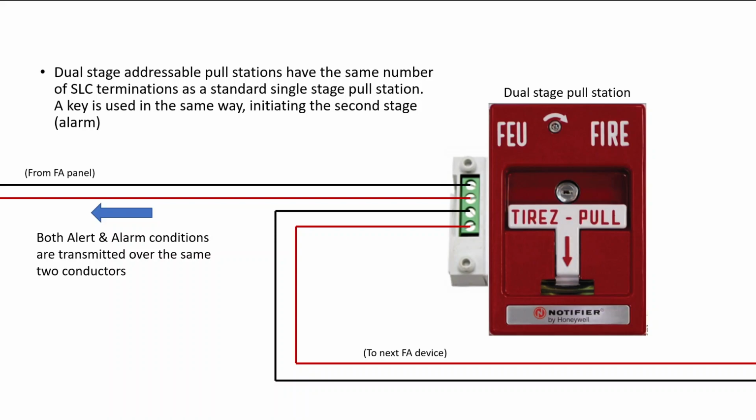What's interesting is that the way it accomplishes this is by use of a small addressable module. It introduces those signals, or the high-frequency communication protocols, onto the same two conductors. So now we have both the alert and the alarm conditions transmitted over the same two conductors. So operation is identical to conventional, however the wiring is vastly simplified.